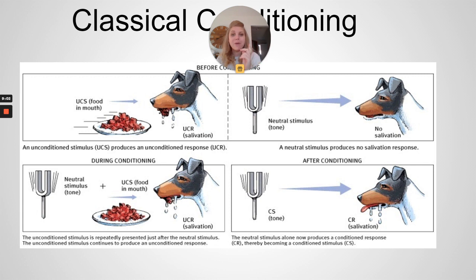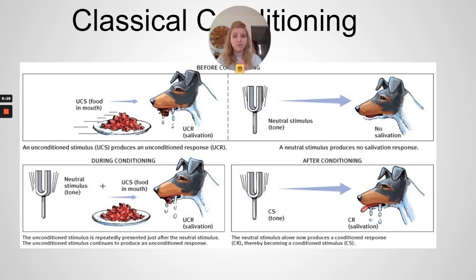But now Pavlov is going to introduce something that is totally unrelated to eating. In my diagram, it's a tuning fork, when in fact, in Pavlov's experiments, he introduced all kinds of random stuff that has nothing to do with eating: lights, bells, a music box, a ticking metronome.